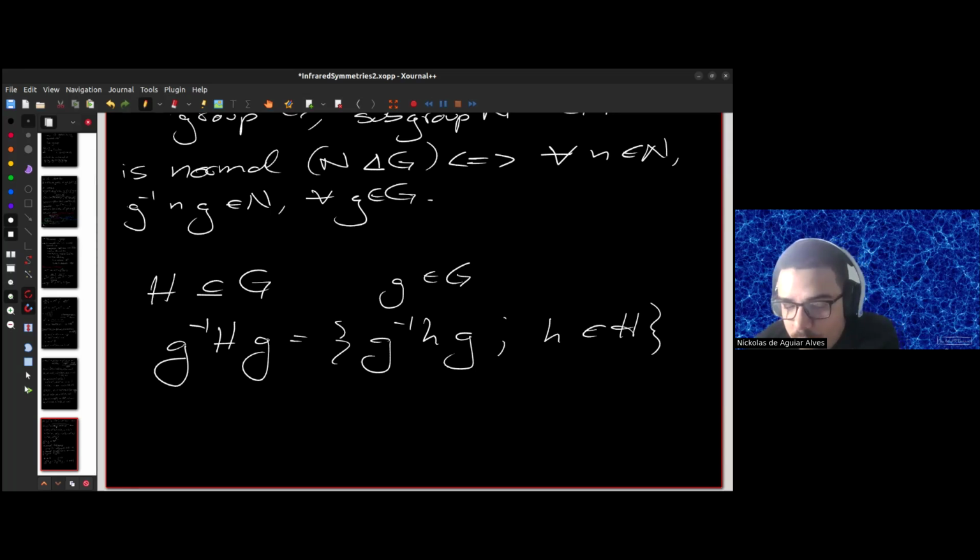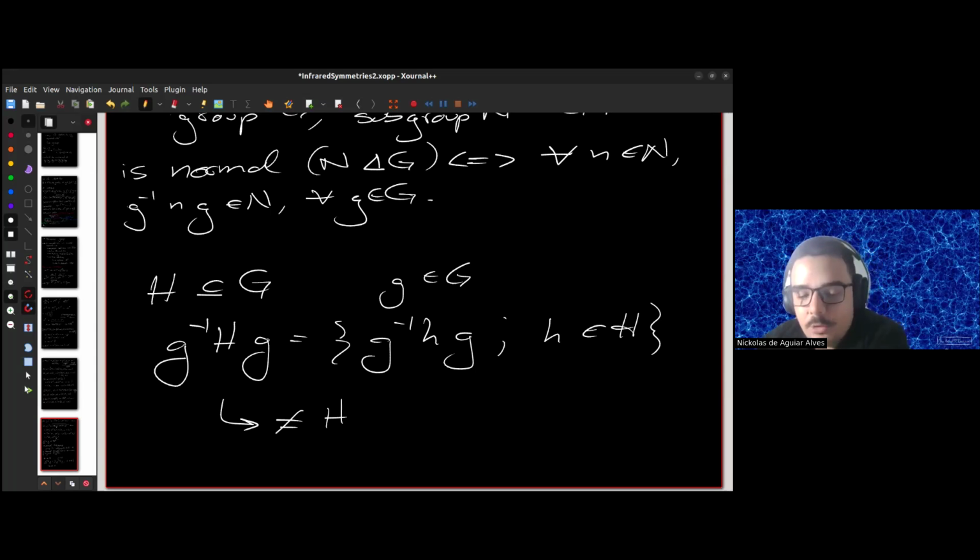For a general subgroup H, this guy here is not the same as H. So you actually have many copies of the subgroup H inside the group G. So you don't have a unique subgroup. You have actually many different copies of the same subgroup inside G. So you can't say which of them is the true H, so to speak.